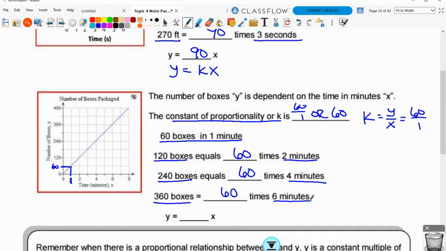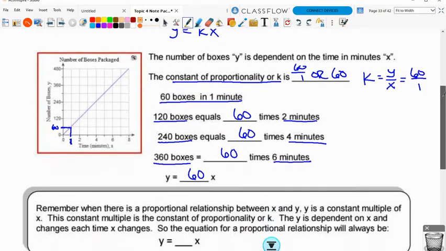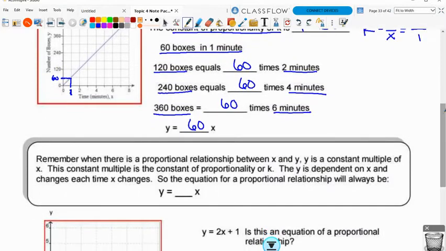So for this example, we're going to have y equals 60 times x. Again, that value of k, y equals kx. Remember that there is a proportional relationship between x and y, that y is a constant multiple of x.